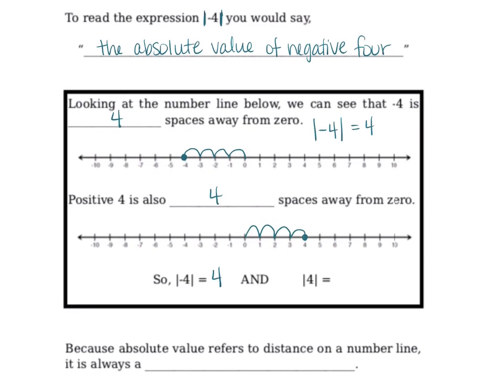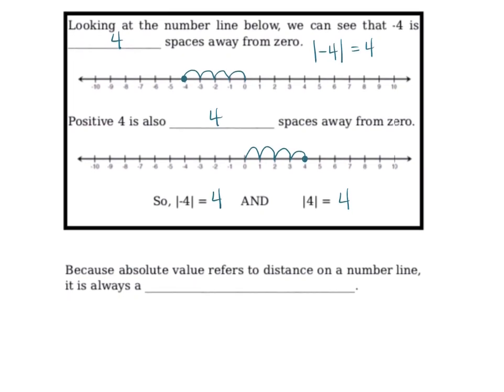So the absolute value of +4 is also just 4. Because absolute value refers to a distance, our absolute value is always going to be a positive number. So anytime you are asked for an absolute value, it has to equal a positive number.